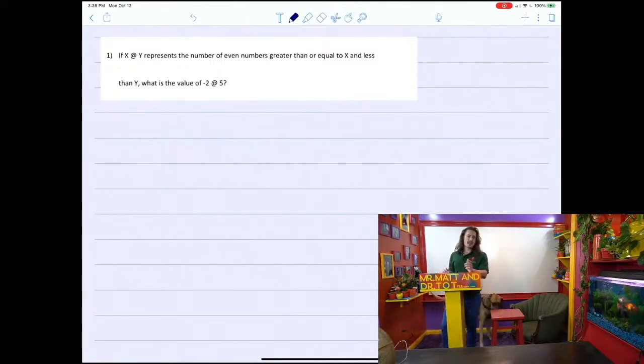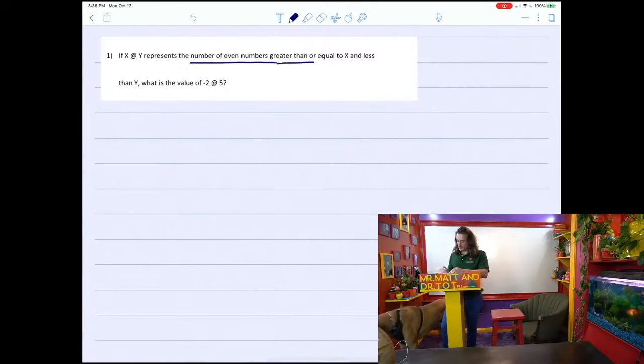So obviously at sign is not a mathematical symbol, but they're using this imaginary symbol in order to represent a concept that they are actually defining. So this represents the number of even numbers greater than or equal to x and less than y.